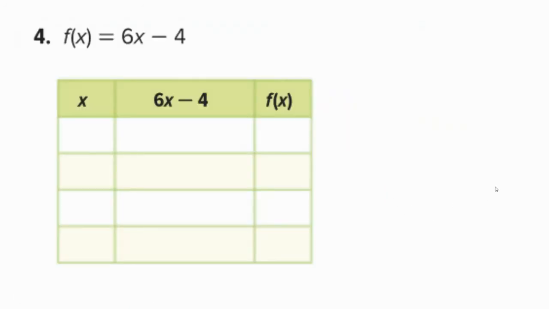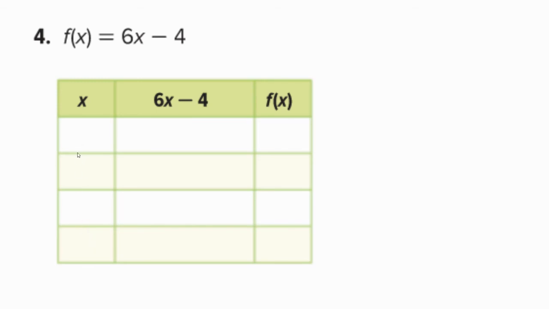I would encourage you to write this down. Make your domain, your x's, your inputs. Go ahead and make that -1, 0, 1, and 2. When I was in school, we only used 3. They want you to use 4, so I'm putting 4 up there.